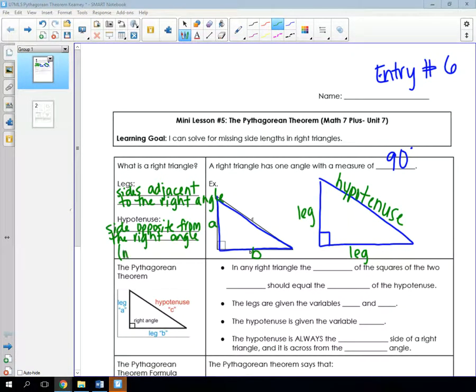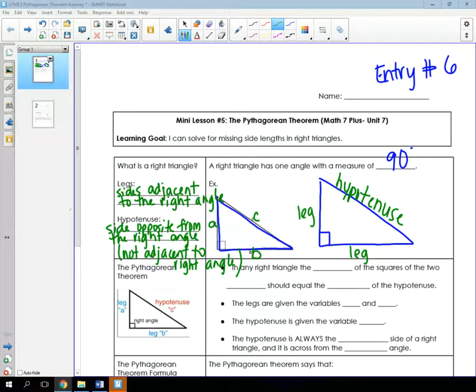It is not adjacent to the right angle. And we give that the name C. So in a right triangle, you've got the right angle, the two legs that are adjacent to that right angle, and then the hypotenuse, which is opposite from the right angle.